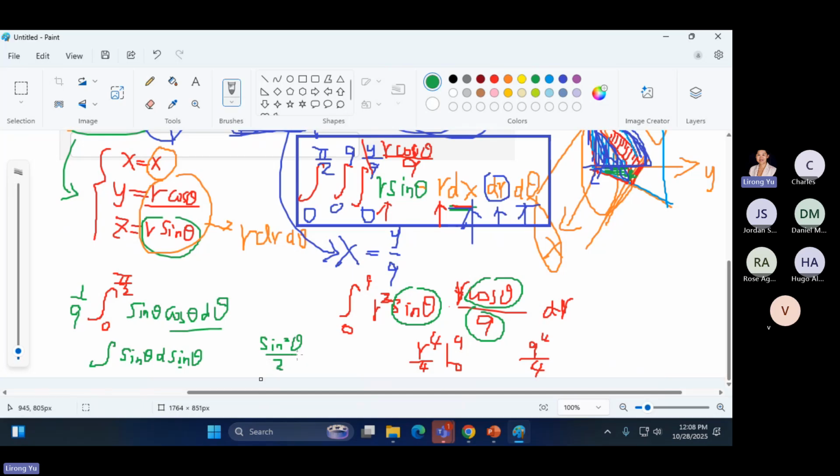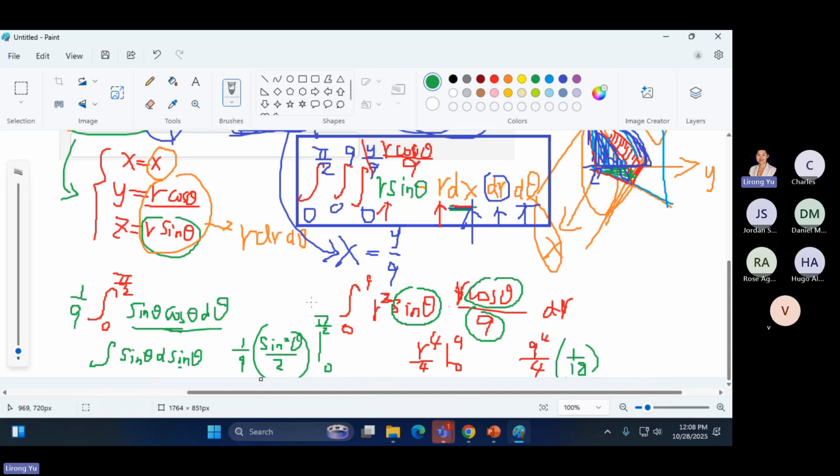The derivative of sine squared theta over 2 would be this, so that guarantees it's the antiderivative. Also expect 1/9. Put in 0 and put in pi over 2. When the angle equals pi over 2, sine theta equals 1. So after finishing the integration of theta, it's 1/18, right? 9 times 2 is 18. So that finishes everything, I hope.